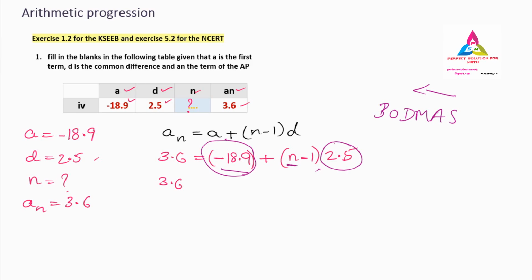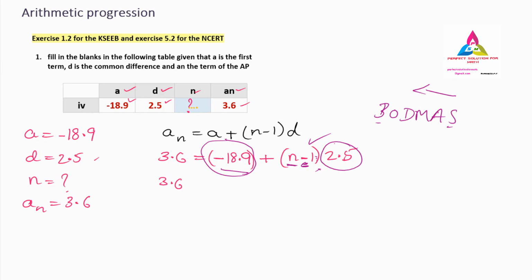So the bracket that we have here will come lastly. First it will come subtraction. Any subtraction over here, subtraction is over here, but it is inside the bracket, so we can't shift that directly. So first we have to go for the addition. Okay, here we have that addition. So this value minus 18.9, we can shift it first.